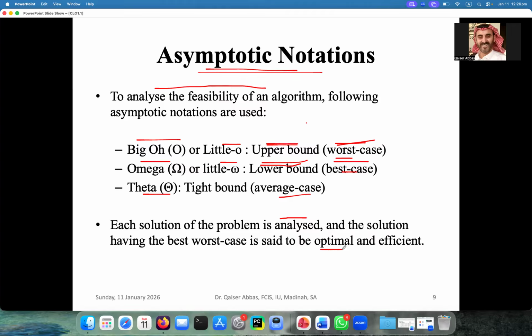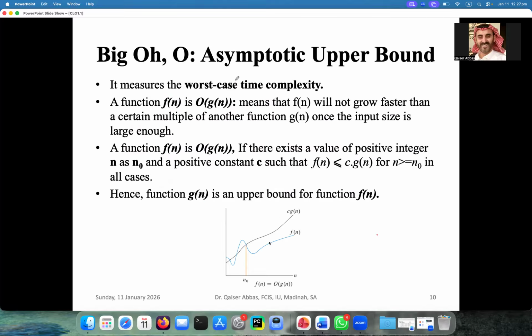From these four or five solutions, the solution which is taking the minimum number of operations, less worse, you can say. We will select that, and that would be efficient. This is how these asymptotic notations can help us.